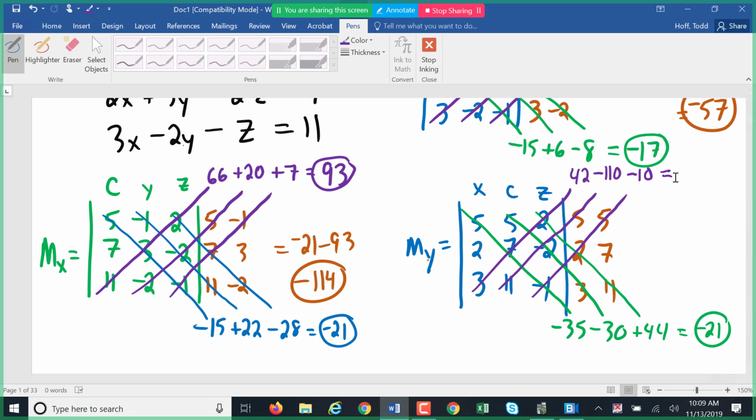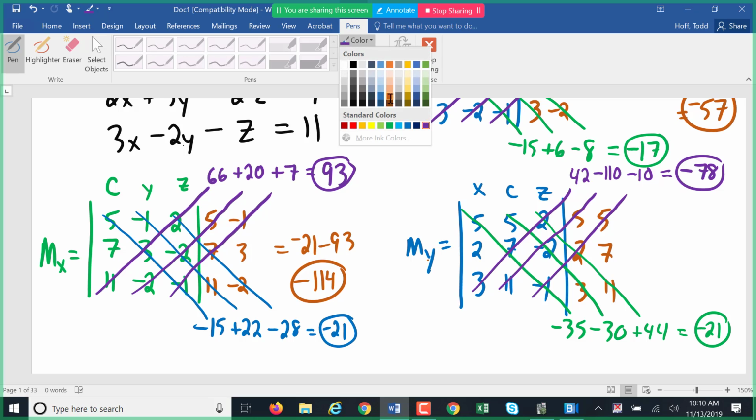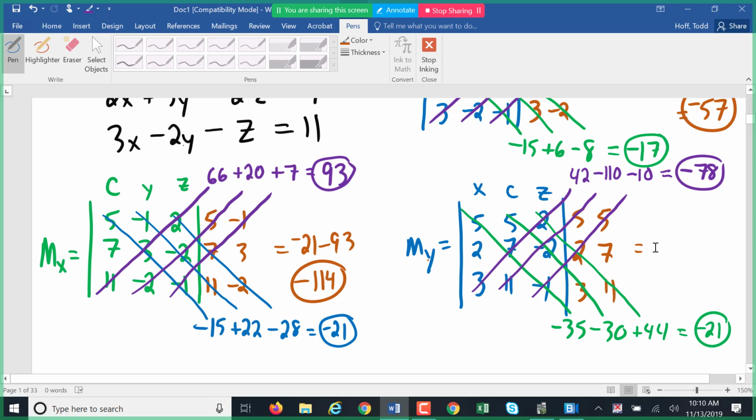We add those up. We'll have negative 120, negative 78 is that up diagonal total. So our determinant, negative 21 minus a negative 78 is a positive 57.